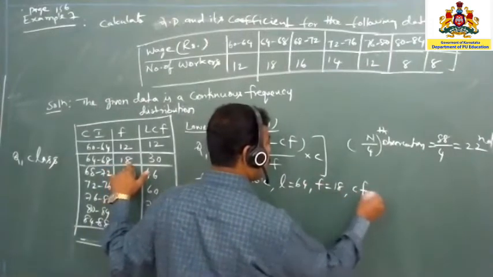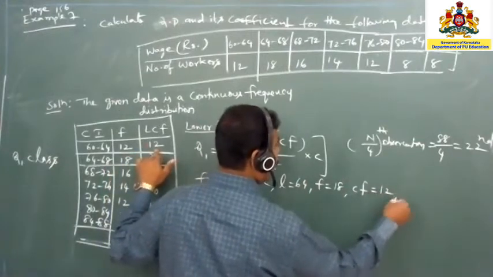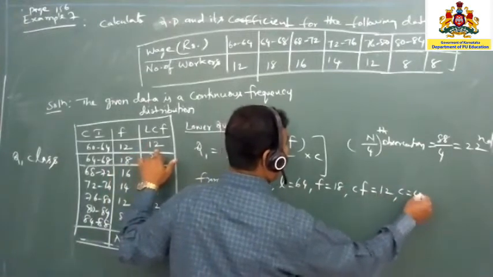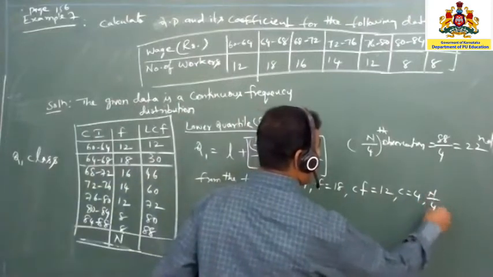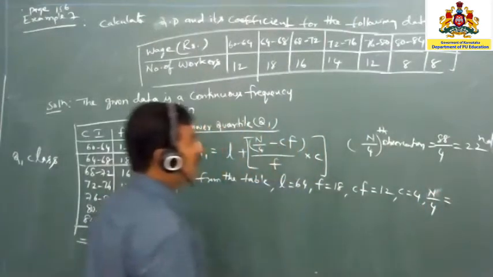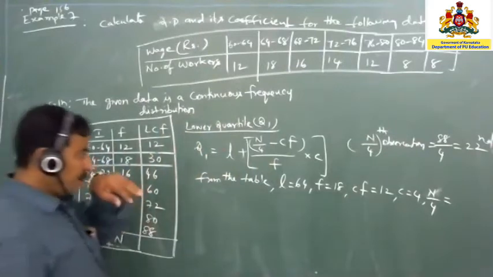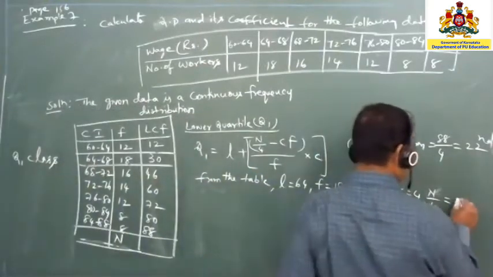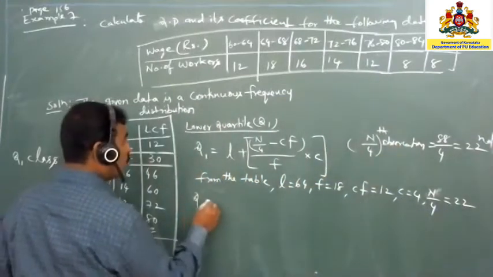CF is the LCF of the previous class, 12. C is the width of the class interval, 4. N by 4 is already there, equal to 22.